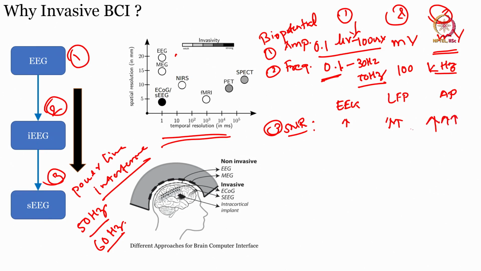There is a reason behind that, because here you are recording from the outer surface, here you are recording a little bit on the cortex, whereas here you are going to the deeper region of the brain. So, this is like an overview of how things will change when you go from EEG to intracranial to the depth of the brain. Just an overall idea.